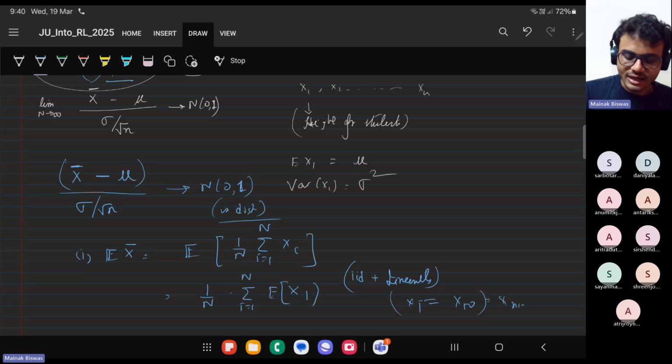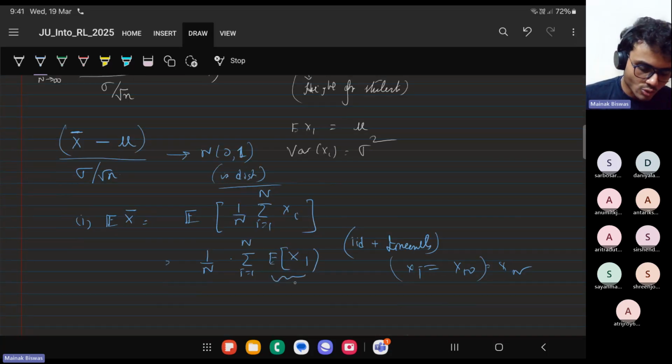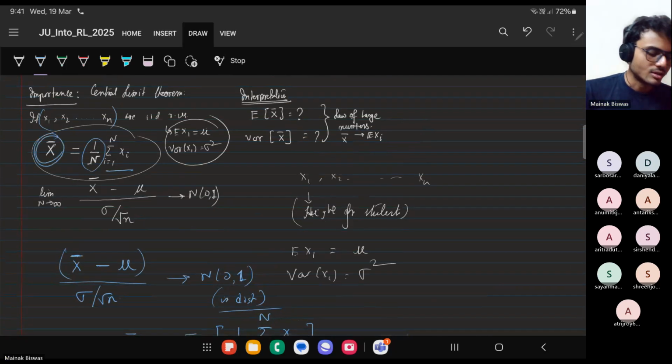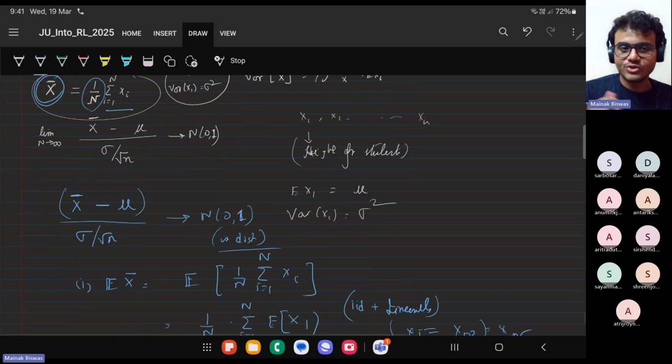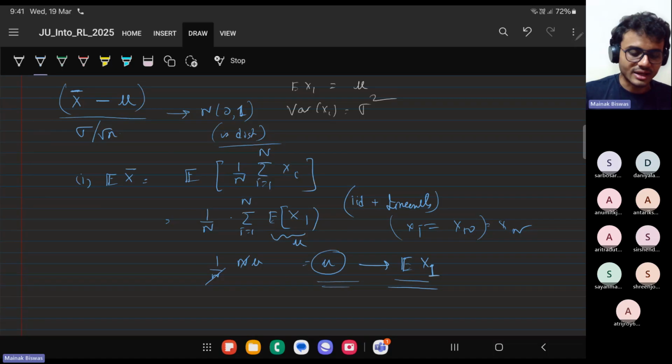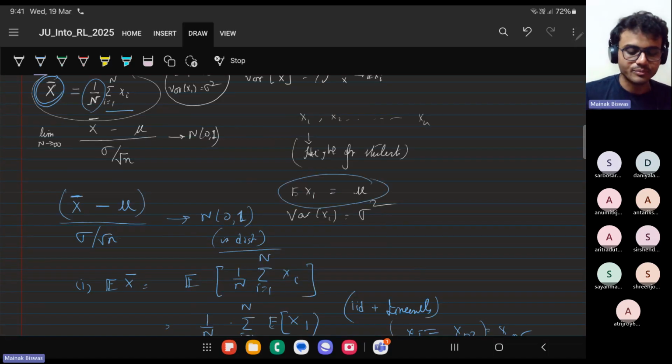I told you last time that tossing 50 coins is the same as tossing the same coin 50 times. This is already given in the question, that is mu. So it's n mu times 1 by n. The expected value of the mean random variable equals the expected value of each of the xi's, which were given to be mu.